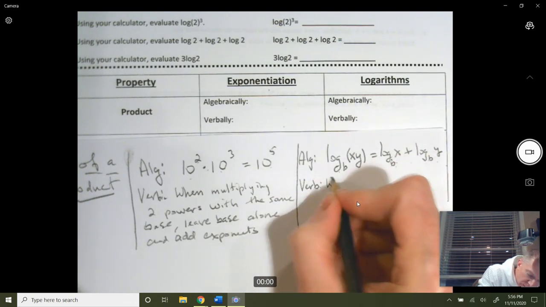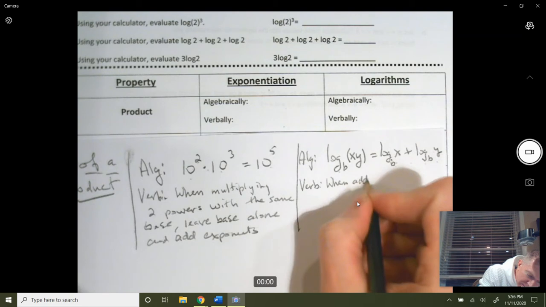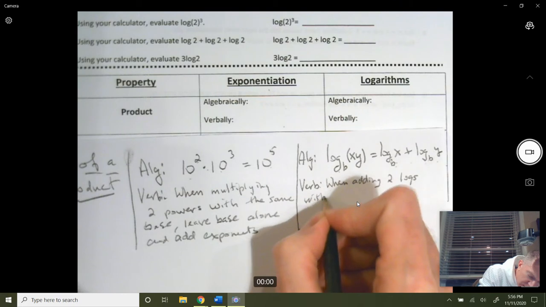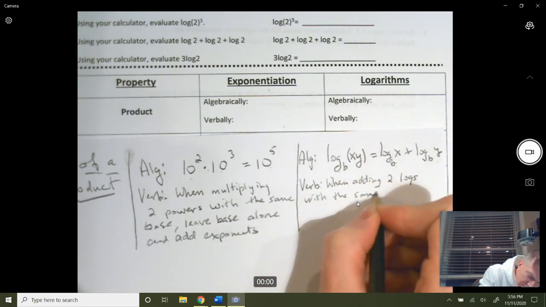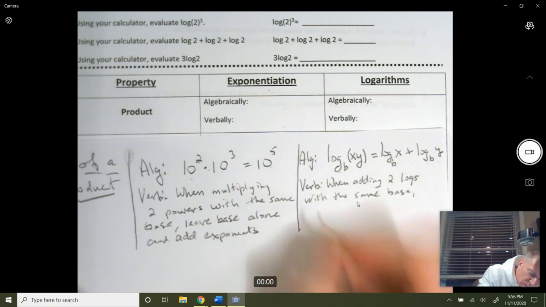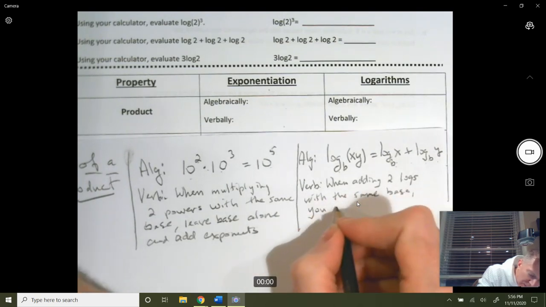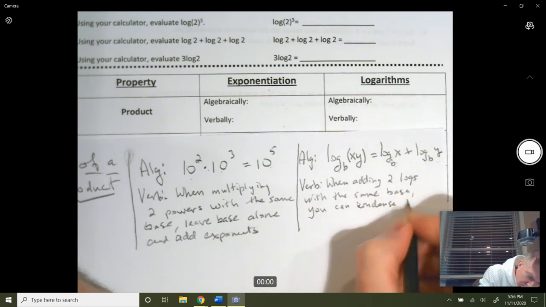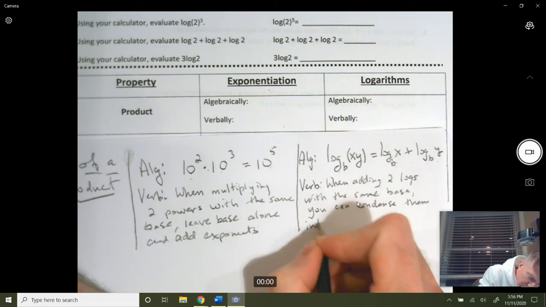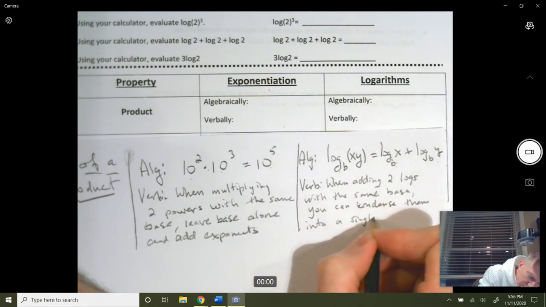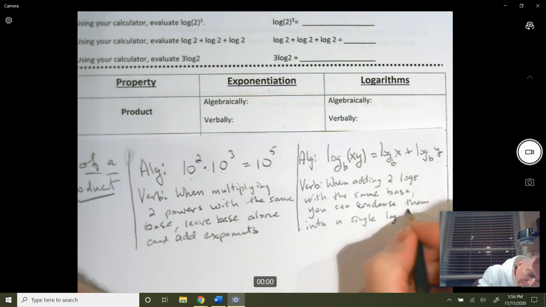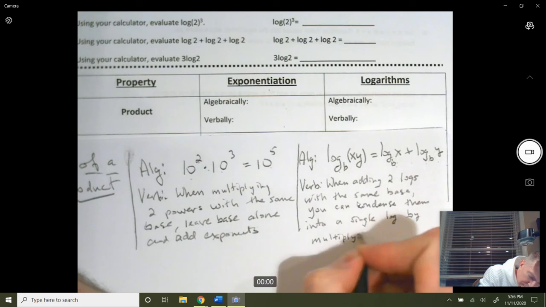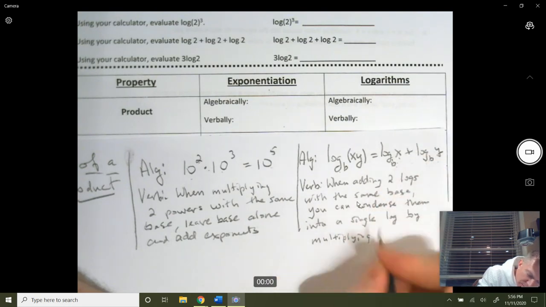So when adding two logs with the same base, you can, I'm going to use the word combine, or condense, you can condense them into a single log by multiplying the arguments together.